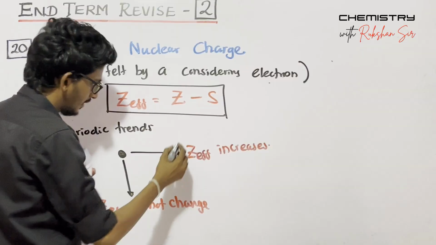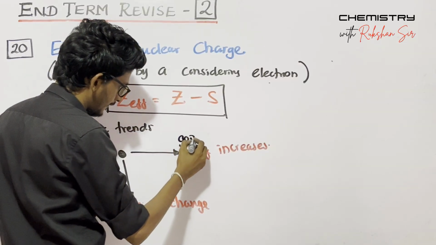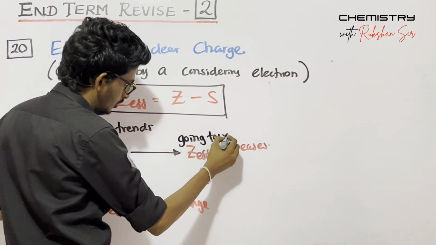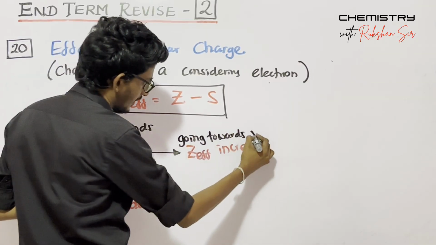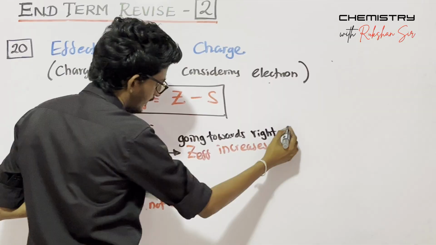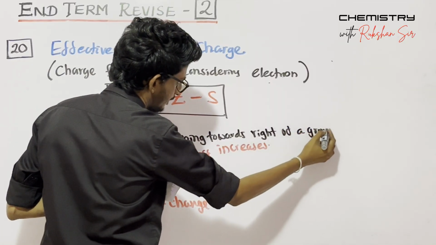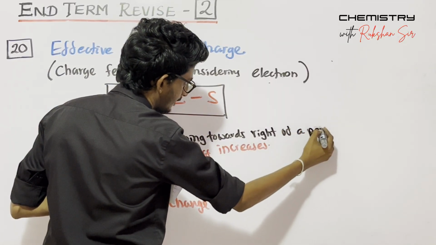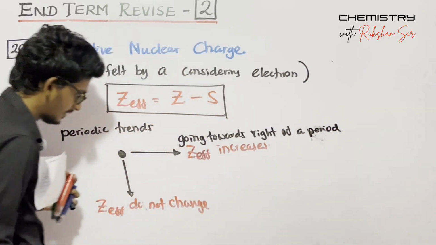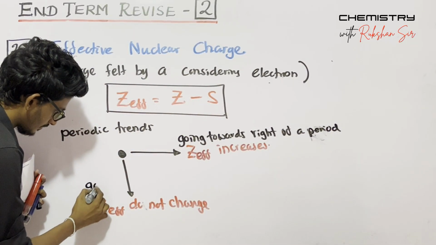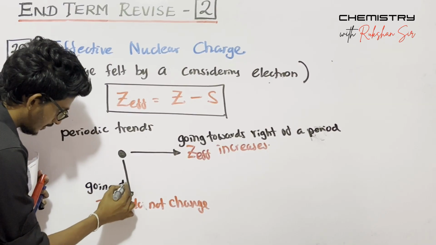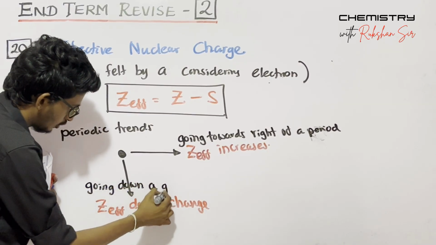This is what you should know. Going towards the right of a period, this is what happens. Going down a group, this is what happens.